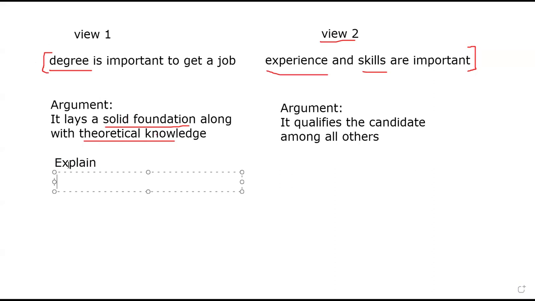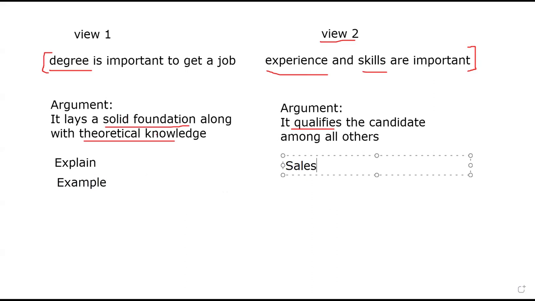And then as an example, you can write these professions. The same goes for this one. You explain how skills and experience can qualify the candidates. Here you can talk about professions such as sales, management, business. Whereas here you can talk about, as you mentioned earlier, teaching, maybe being a doctor, etc. So that's pretty much how we are going to write.